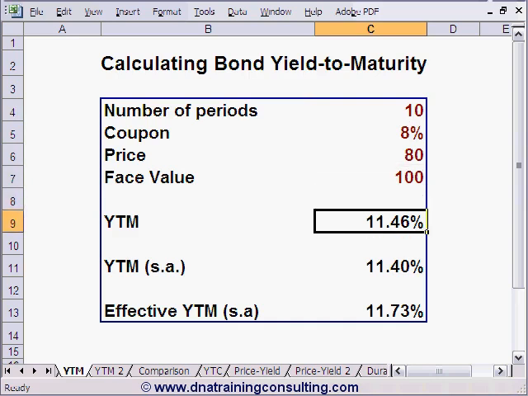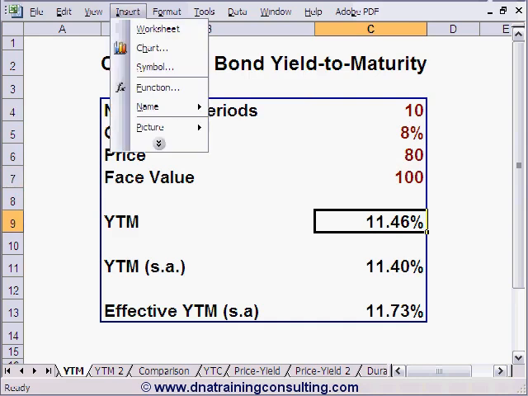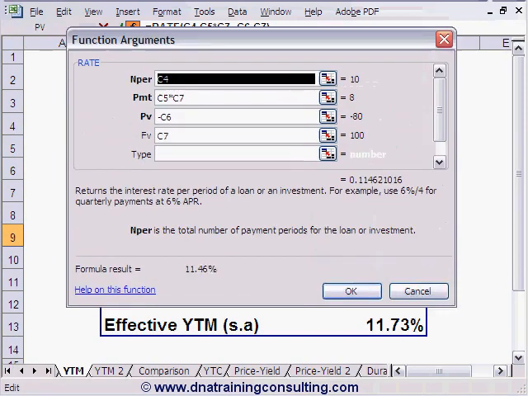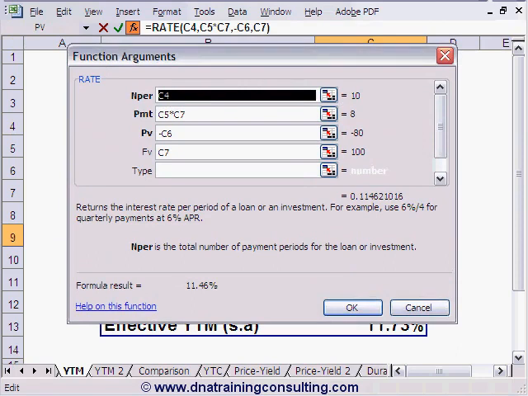We now go to cell C9 and open the dialog box which was inserted in here, revealing the function RATE, as you can see on the top left.